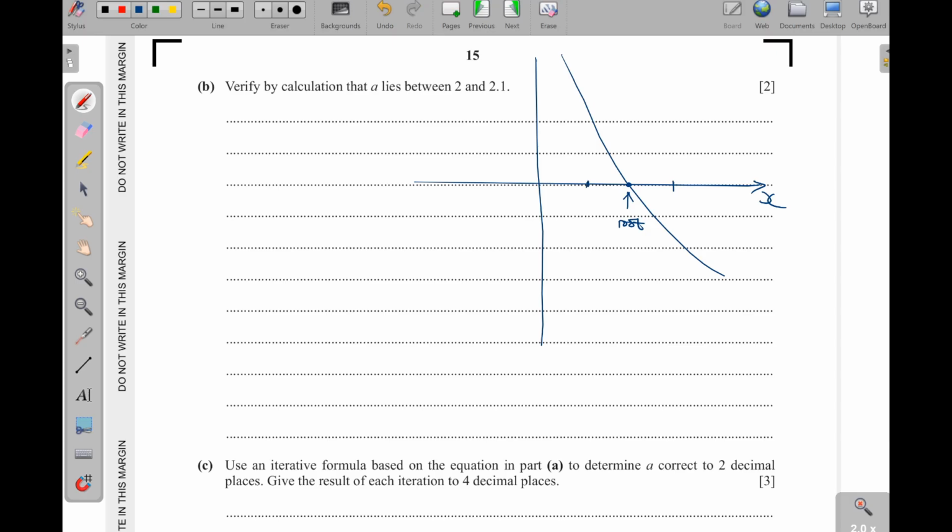Are we there? Now, if this is x1 and maybe this is x2, the value of x1, when we substitute in the function based on what I have drawn here, is going to give a value of y, let's say here, which is positive. Are we there? Because it is above what? The x-axis. Then the value of x here is going to give a y value that is actually what? A negative. Do you see that?